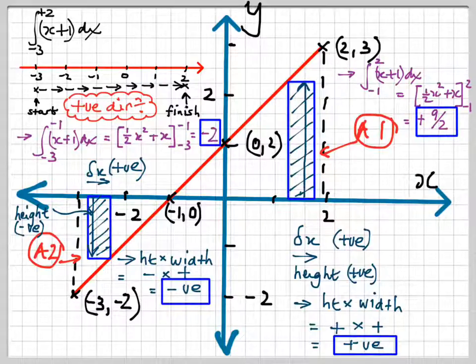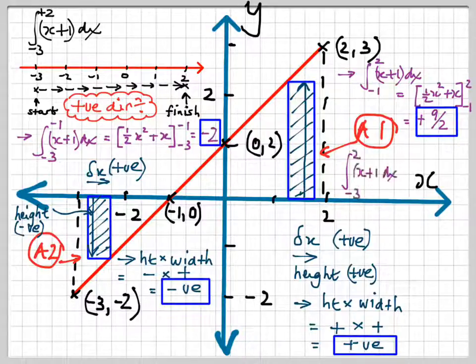So therefore, now, are you getting what's going on here? If I worked out the signed area straight from one extreme at -3 to the other extreme at +2, talking about x, you're going to get 9/2 for the bit of the graph that's above the x-axis, and -2 for the bit that's under the x-axis, and part of one bit is going to partially cancel out the other because they have signs, you see?